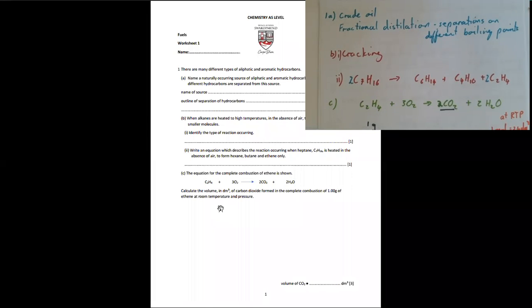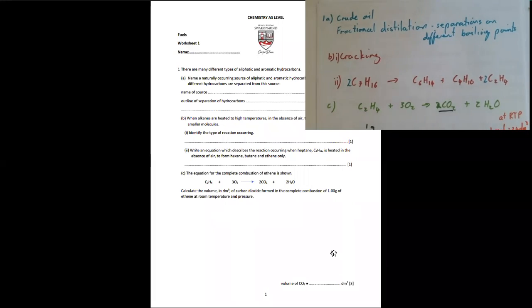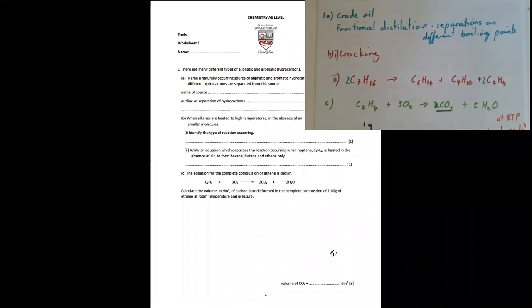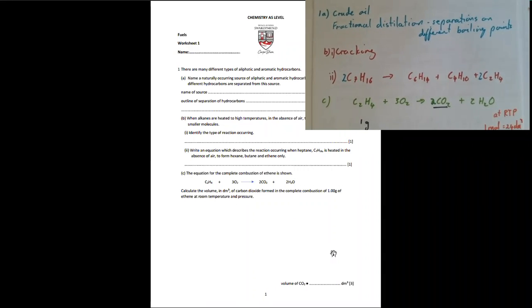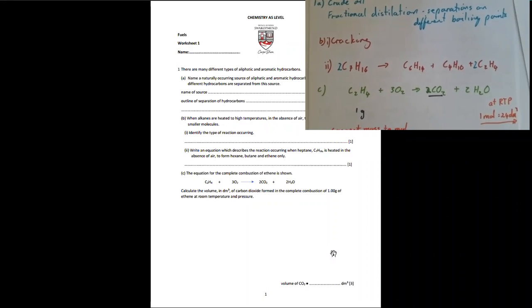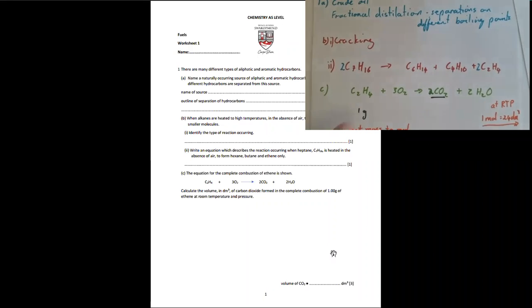They say, listen, at room temperature and pressure, remember, what do we know? We know 1 mole of any gas occupies 24 cubic decimeters. They tell us that we have 1 gram of our ethene, and they ask, listen, what is the volume of carbon dioxide being produced in there?